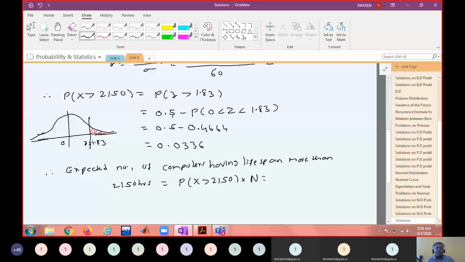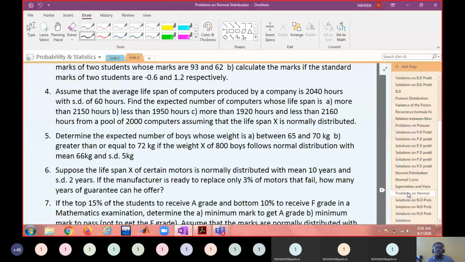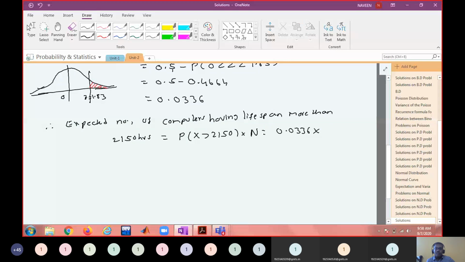That means 0.0336 times 2000 computers. That gives 67.2, so approximately 67.